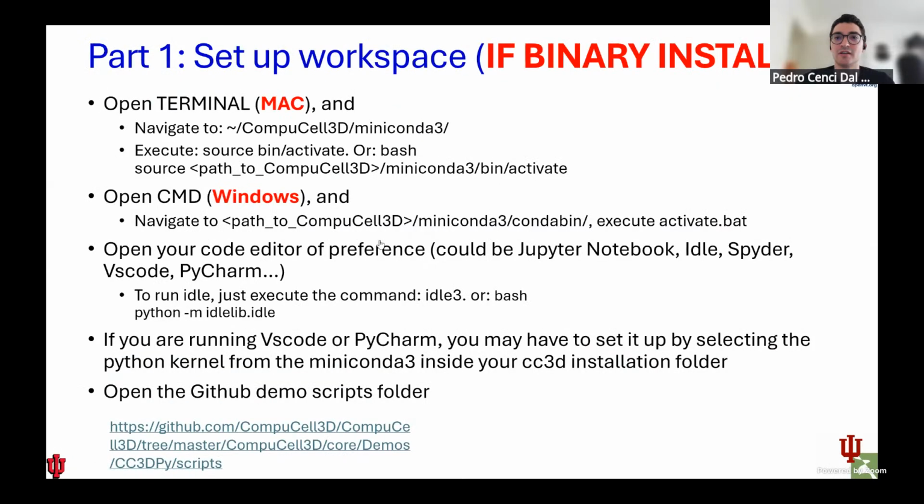If you installed your CompuCell3D via binaries, then if you're on Mac, you open your terminal, you navigate to the Miniconda 3 inside the CompuCell3D installation folder, and you execute this command, source bin/activate. Or you can do just bash source and then the path to the activate file from your terminal. So this is if you didn't install CompuCell3D via Conda.